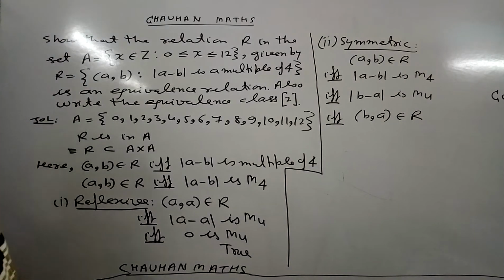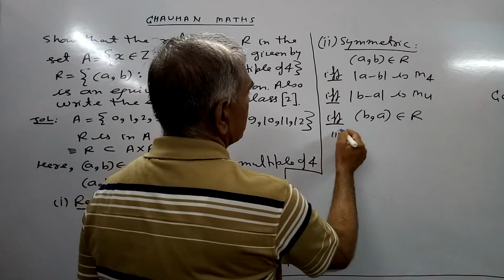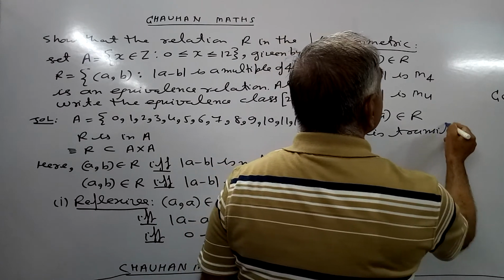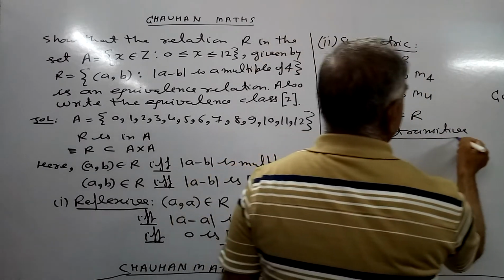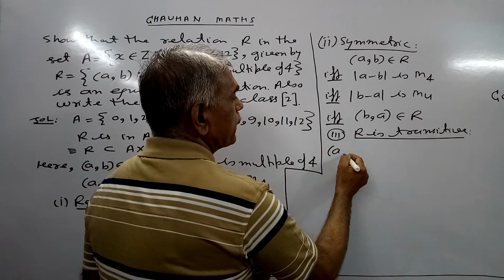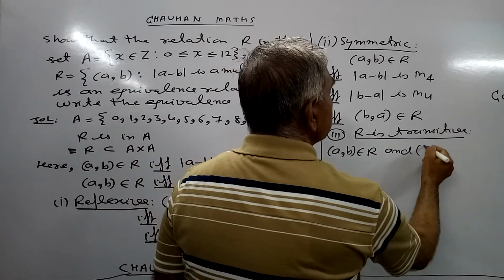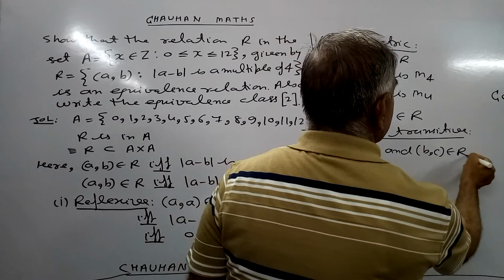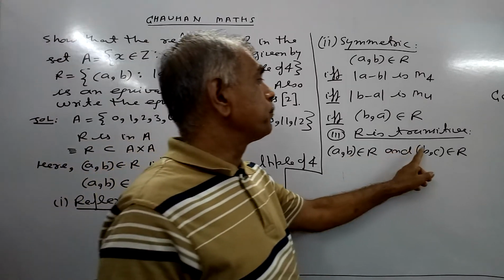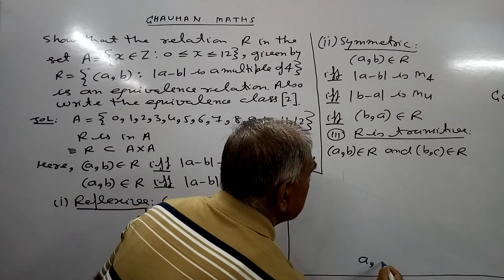Lastly, the third case, we prove that the relation R is transitive. For proving transitive, we must begin with (a, b) belongs to R and (b, c) belongs to R. We must begin with a related with b and b related with c, and we must end at a related with c.